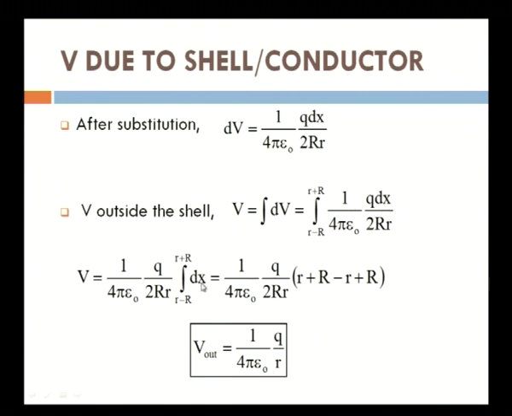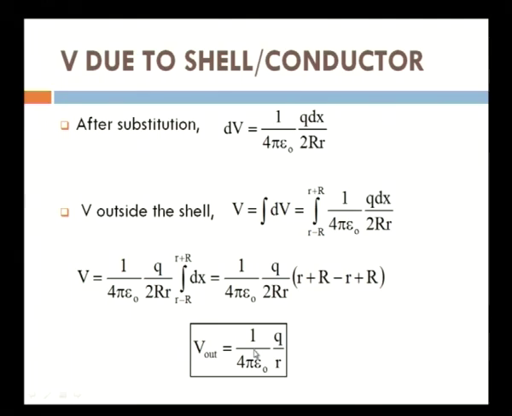So, we keep the dx alone inside the integral, then we take all the other terms outside the integral and carry out the integration, and after substituting the limits, we finally get this as the expression for the potential outside the sphere. When we look at this expression, it appears so familiar to us because it is nothing but the potential due to a point charge.